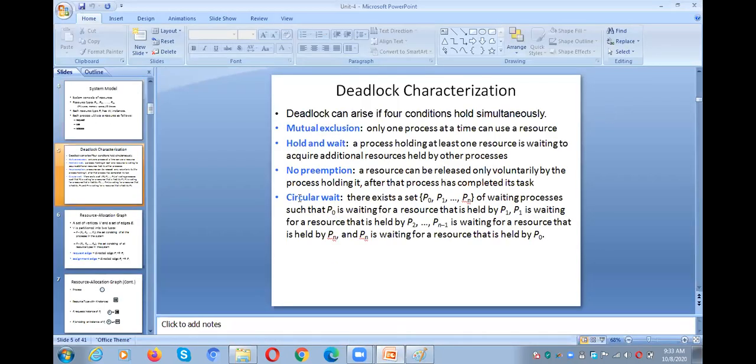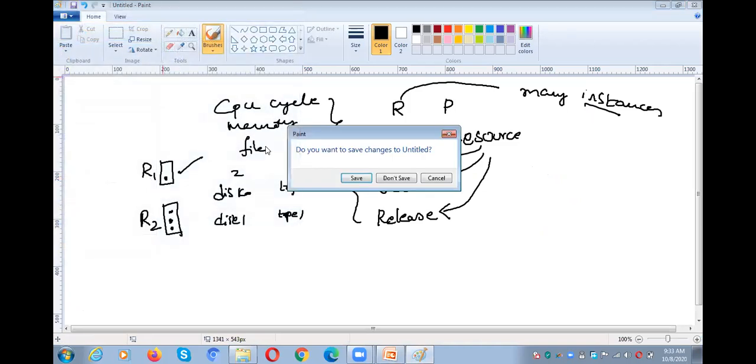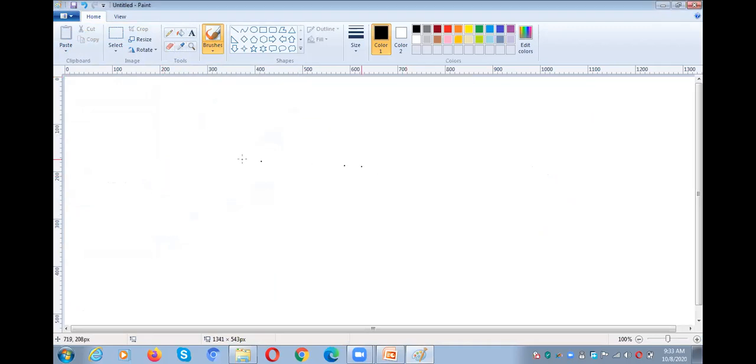And next, there are four necessary conditions for the deadlock. What are the necessary conditions for the deadlock? Mutual exclusion, hold and wait, no preemption, circular wait. Okay, no need to read out the entire thing, I will explain. What are the necessary conditions for the deadlock? Otherwise, we can call them deadlock characteristics. So, what are deadlock characteristics? There are four deadlock characteristics.